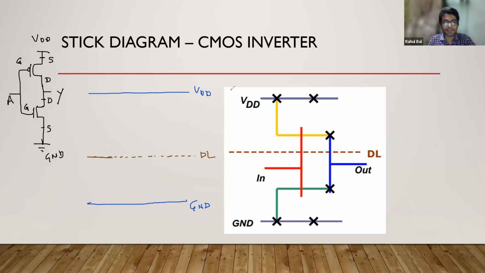After this, we will draw the polysilicon line. They have shown it like this; we can show it in our way also. So first we will draw the N diffusion line. You can show it this way also, N diffusion, and a green color. This is P diffusion.